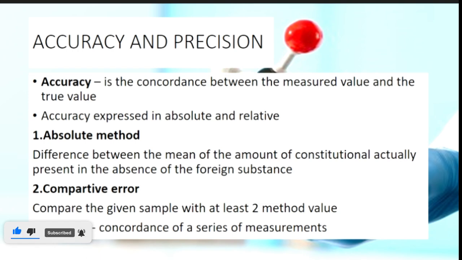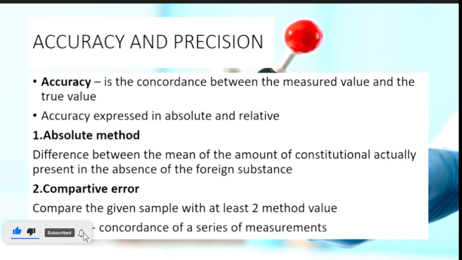Then again you do the standardization and it comes to 25. It has more variation, right? So again you have to do it to get the value 20. So this is what the error is. While we are doing it again and again, we are getting some mistakes, right? This is the error that we call accuracy.